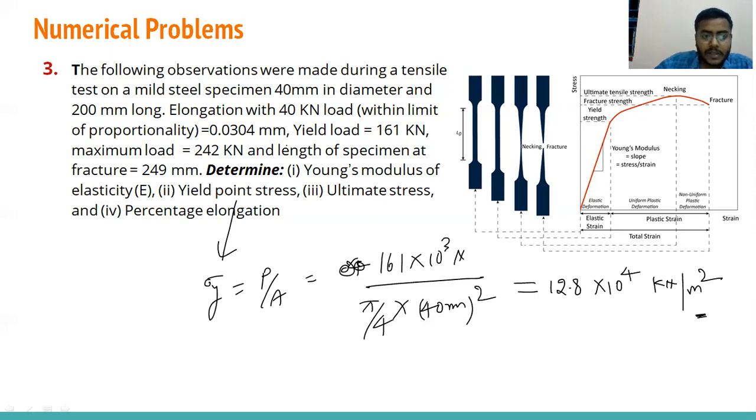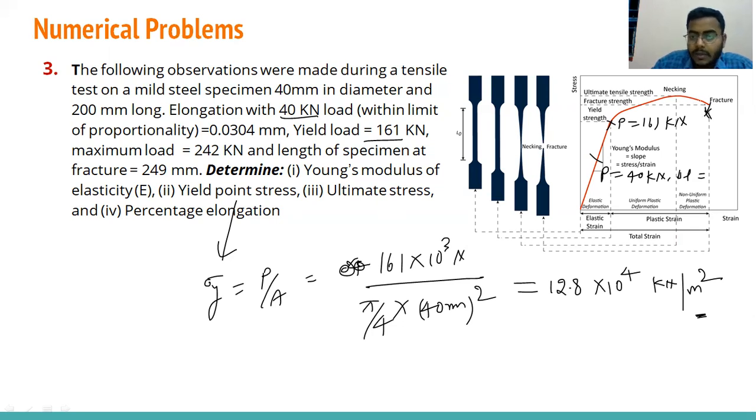See, don't confuse this 40 kilonewton and this 40 kilonewton. At this point, load, that is P, is given 161 kilonewton. Somewhere here within the elastic range, load is given 40 kilonewton, and at this load delta is given. Okay, and maximum load is also given.